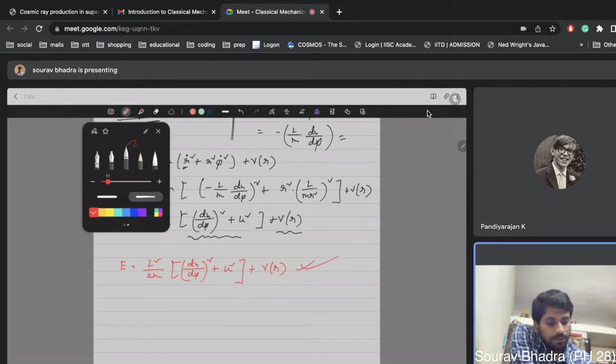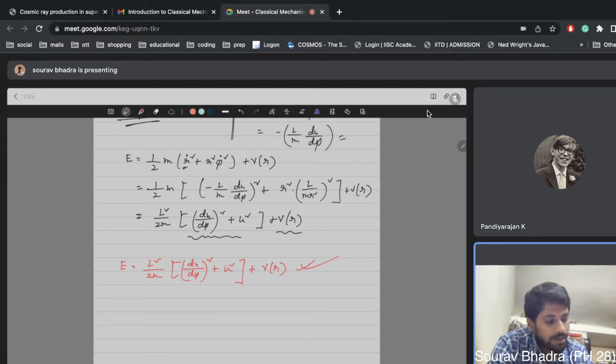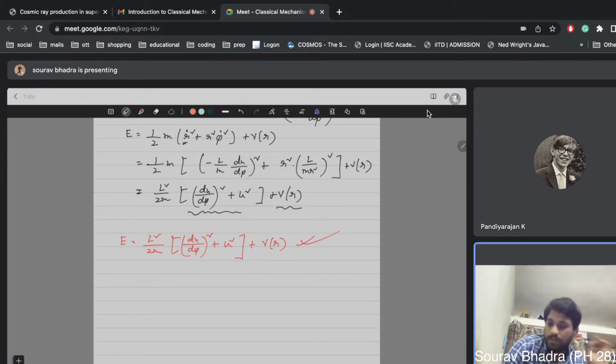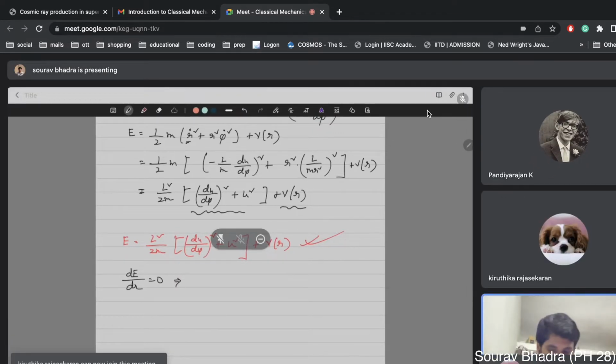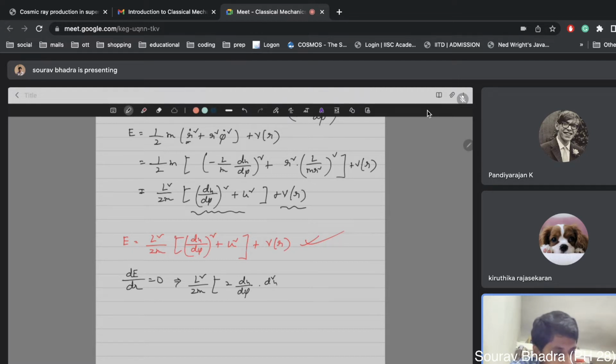Now you also know that the central force is conservative, and that's why the total energy in a central force field is always constant. That means dE by dr equals 0. Now if you use this condition, and in place of E you write this expression which we have got, then I am directly writing the result, but you should derive it, it is very trivial.